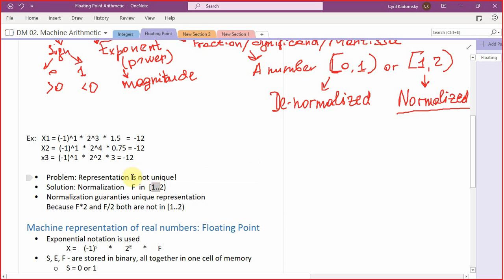If we divide or multiply any number from this range by 2, we will get beyond this range. This gives us a very easy way to define this normalized representation. Actually, if the fraction is in this range, the exponent must take just one precise value. Not many different values are possible.